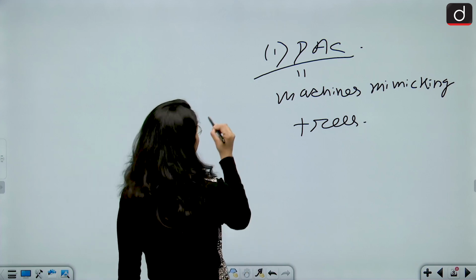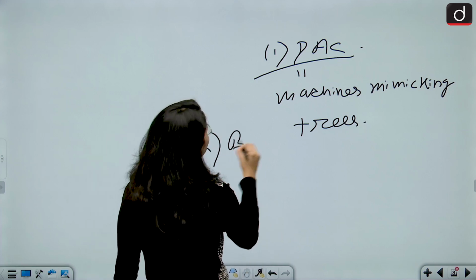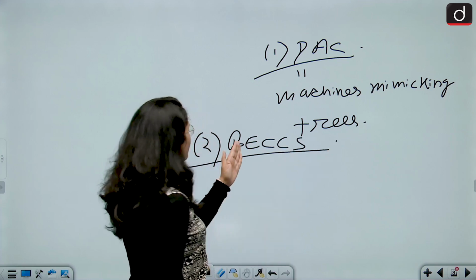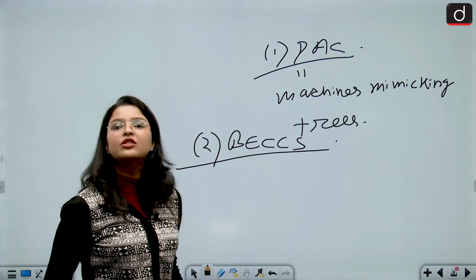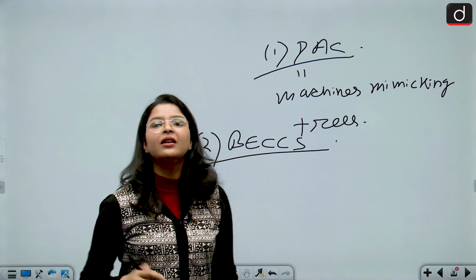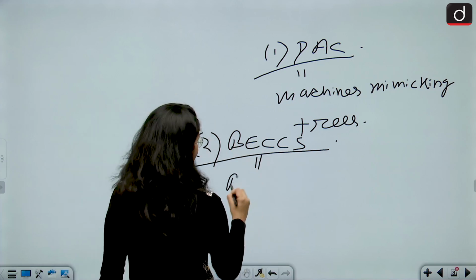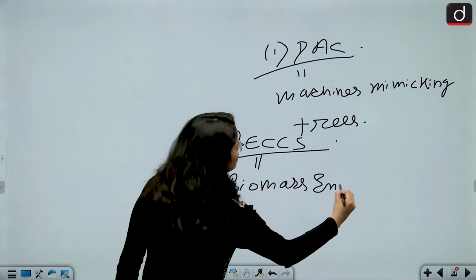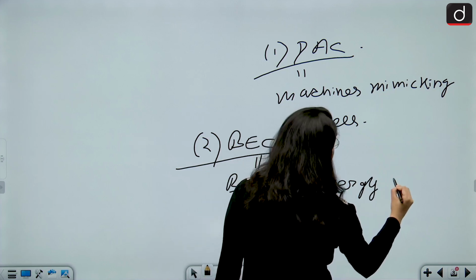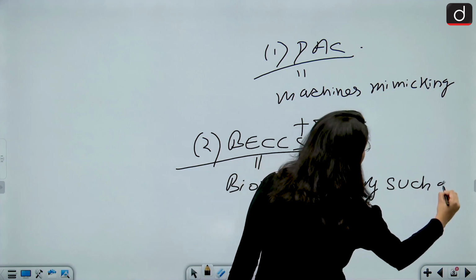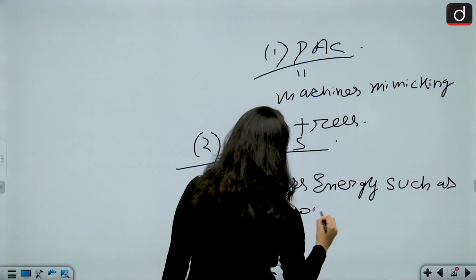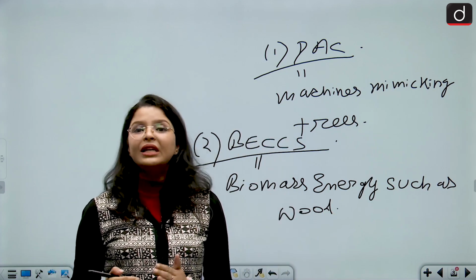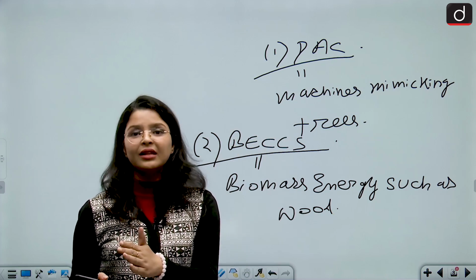Then there is BECCS or the biomass energy carbon capture and storage. So, what are we targeting here? The biomass energy such as wood. Combustion of this biomass energy also leads to carbon dioxide emission in the atmosphere.